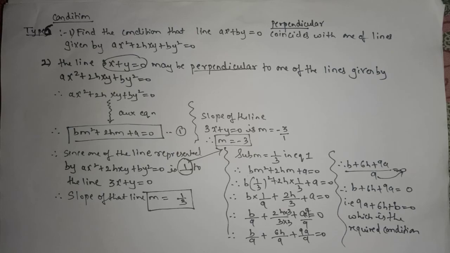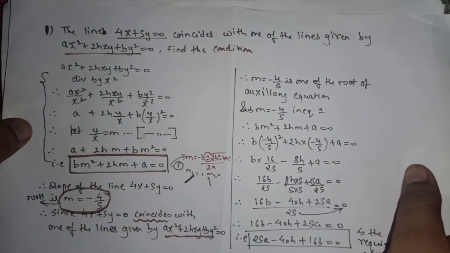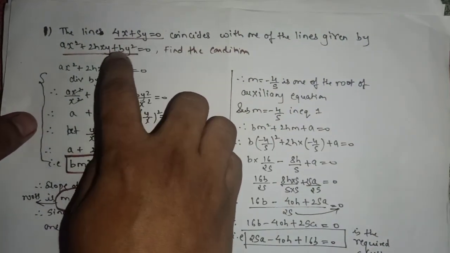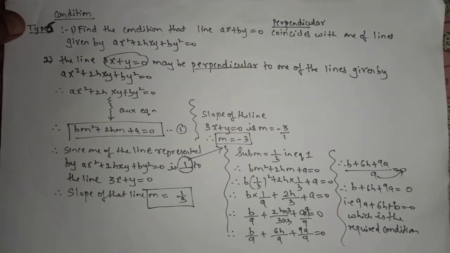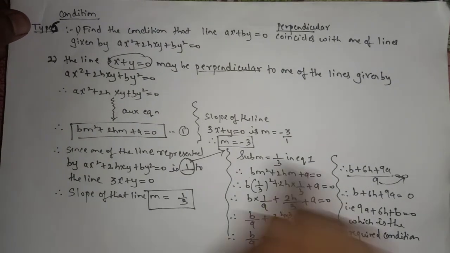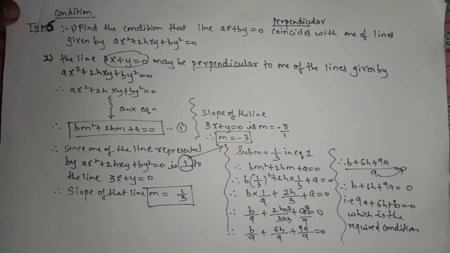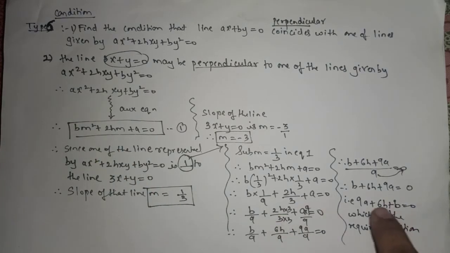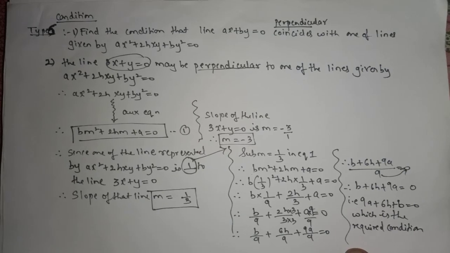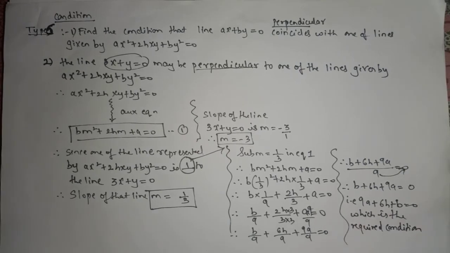Then we took one example where a line is parallel, and then one example where a line is perpendicular. In this way you present your sum and find your required condition, and the required condition will be in the variables a, h, and b.